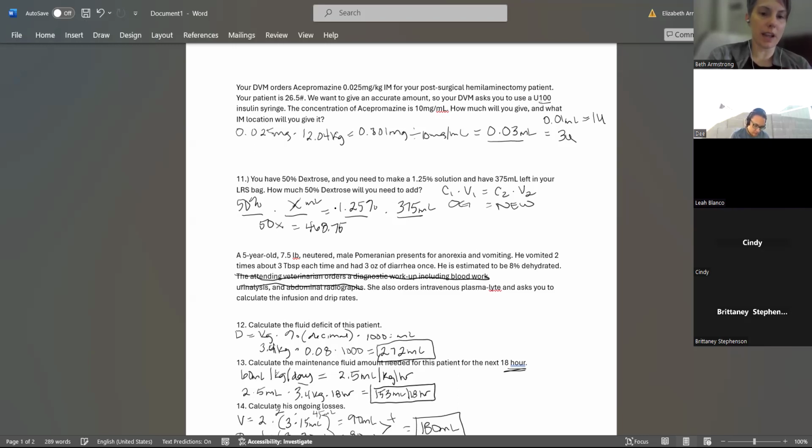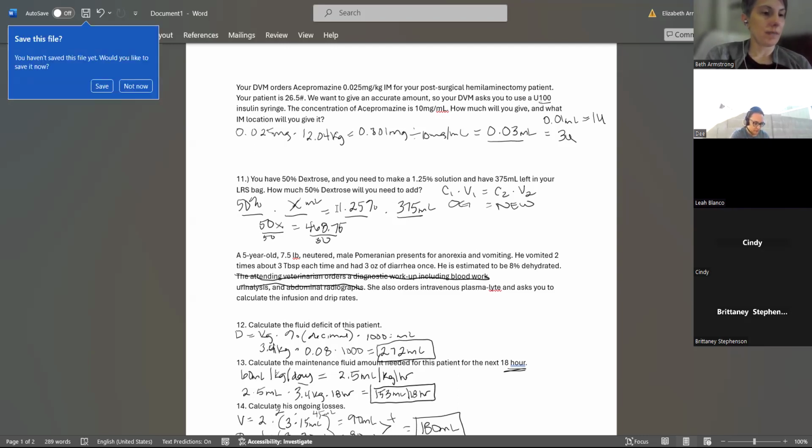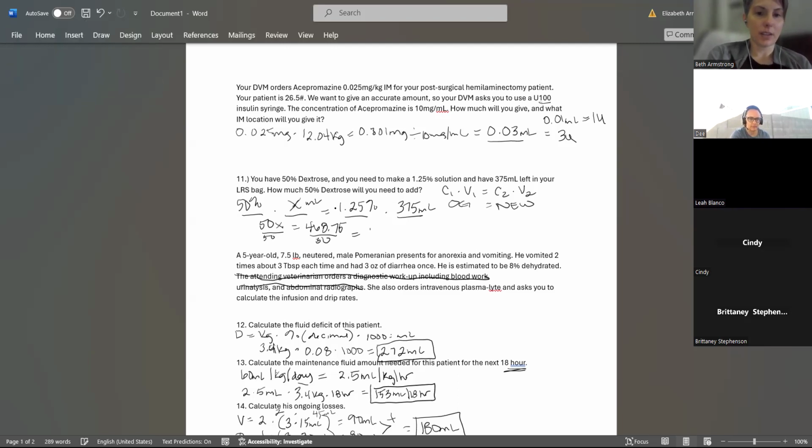Now remember, we need to isolate that X, so we're going to divide both sides by 50. And what do we get? 9.375. Good. 9.375 mLs. So that is the answer.